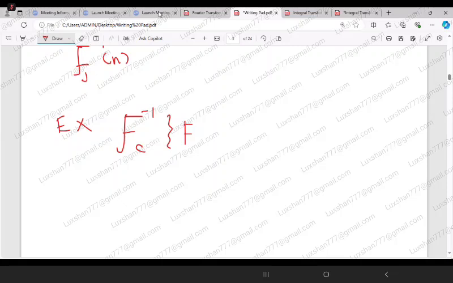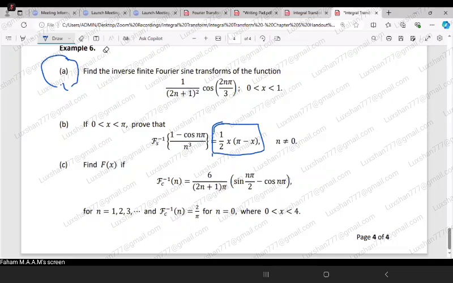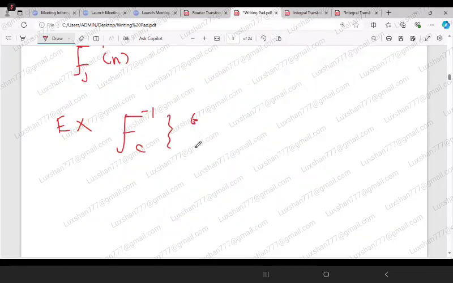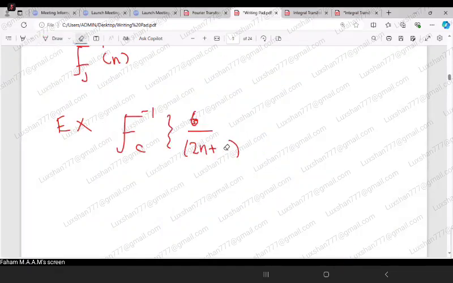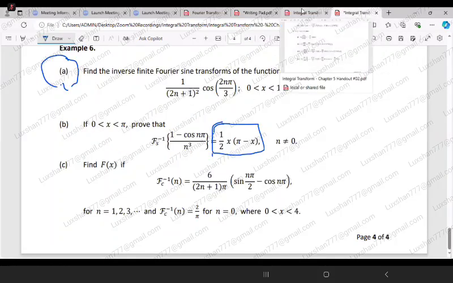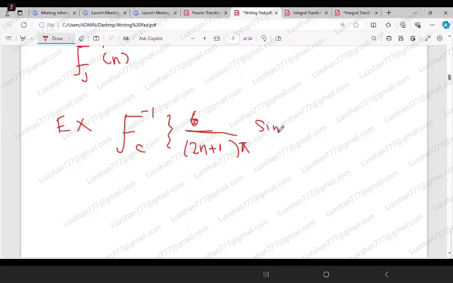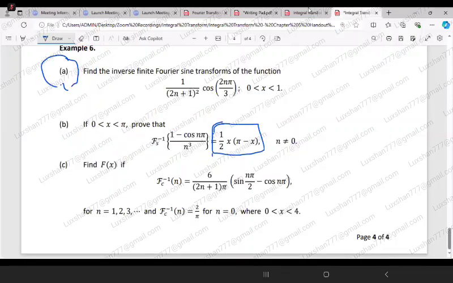What is the function we are given? 6 over (2n plus 1) pi, no, sorry, into sine(n pi by 2) minus cos(n pi).